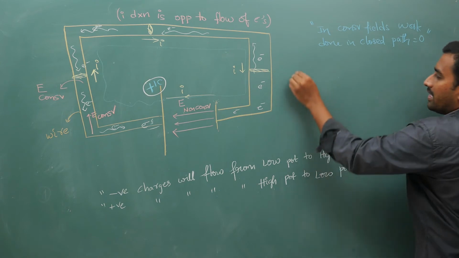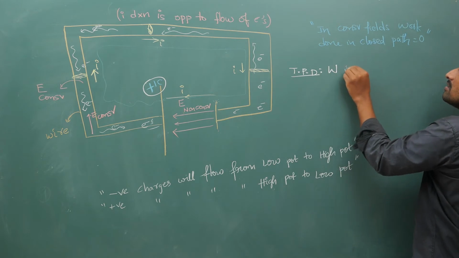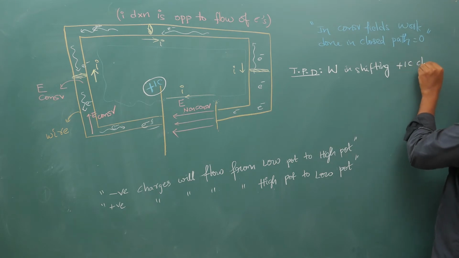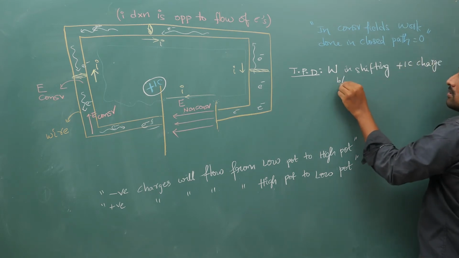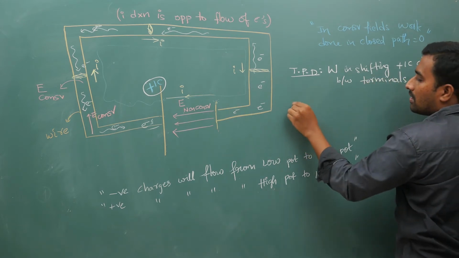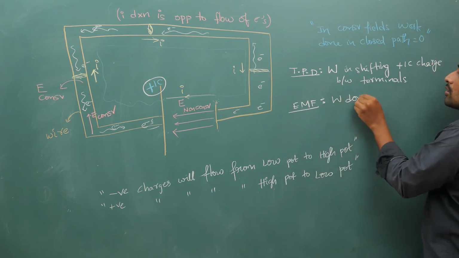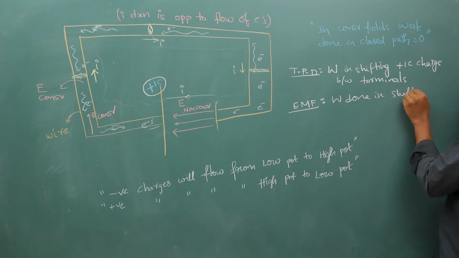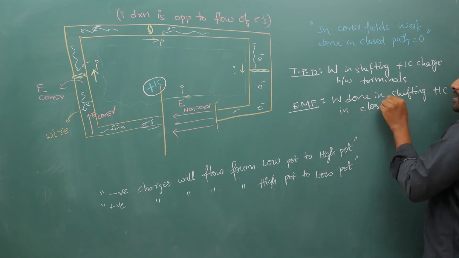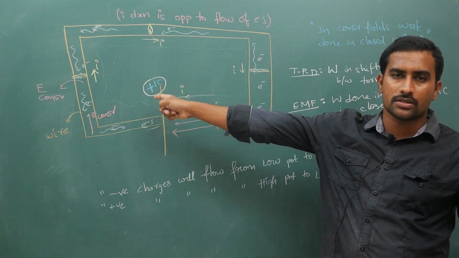So terminal potential difference is the work in shifting plus 1 coulomb charge between terminals, whereas EMF is the work done in shifting plus 1 coulomb charge in a closed path, from the positive terminal and back to the positive terminal.